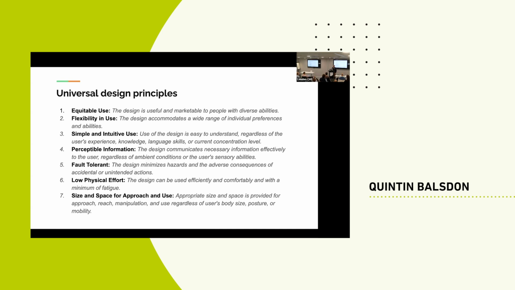So these 7 principles: equitable use is that no matter how you work or interact with your system, everyone can make use of it. Flexibility means that you accommodate a wide range of preferences and abilities. Simple and intuitive use comes down to people being familiar with your product in the sense that they're familiar with other things.